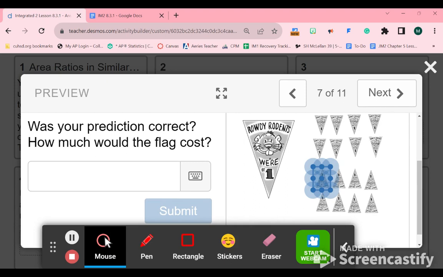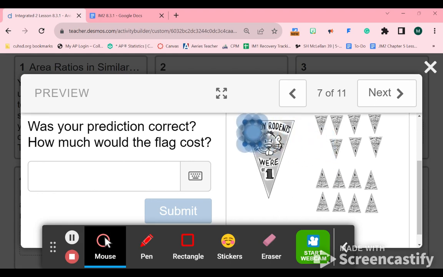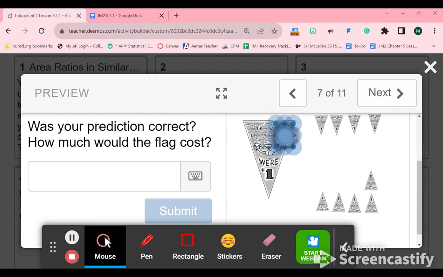So how many of these little flags are going to fit into this big one? I want it to be 2, 3, 4 times the length. So 4 of the lengths. Okay. How many fit? 2, 3.